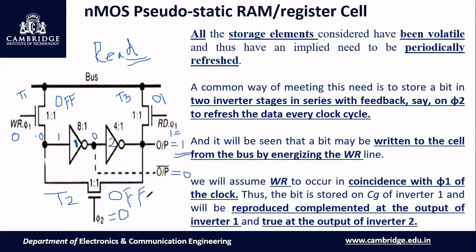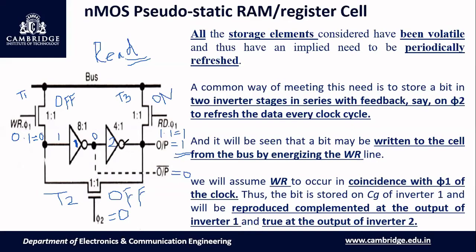For read operation, RD should be 1 and phi 1 should be 1. When RD is 1 and phi 1 is 1, RD.phi1 will be 1. Then T3 transistor will be on.